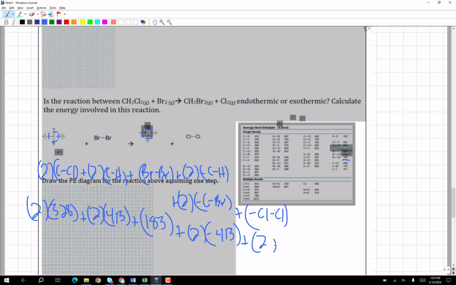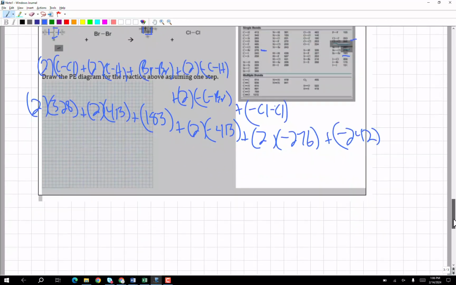Plus 2 times negative C to Br. C to Br is negative 276. You probably can read yours better than I can read mine. Plus negative Cl to Cl, negative 242.